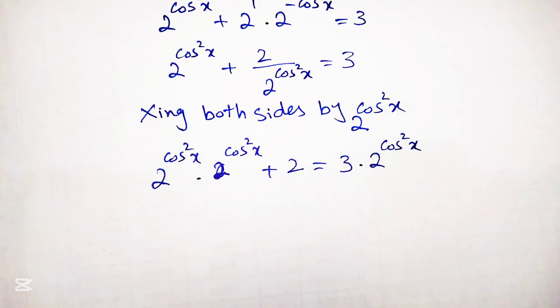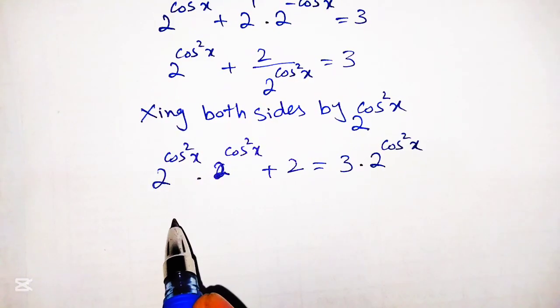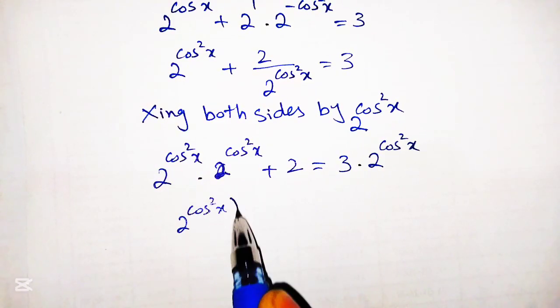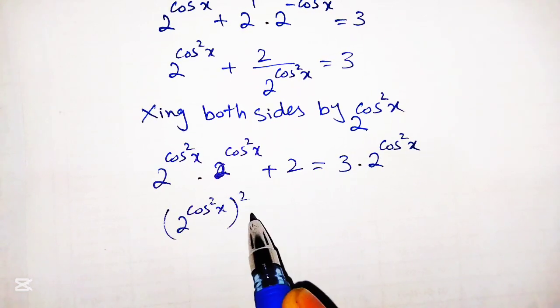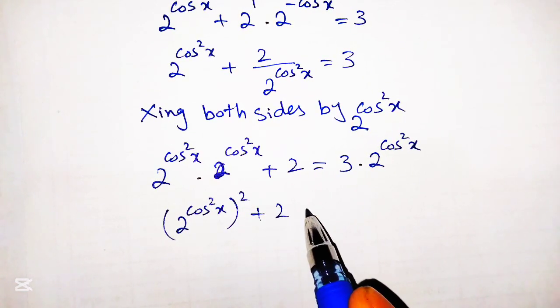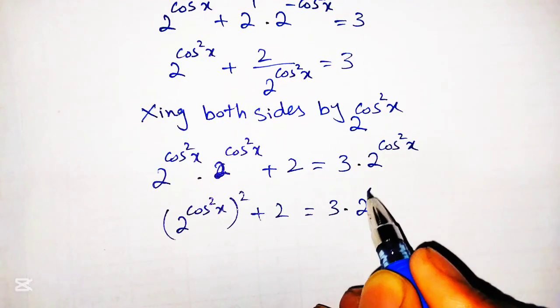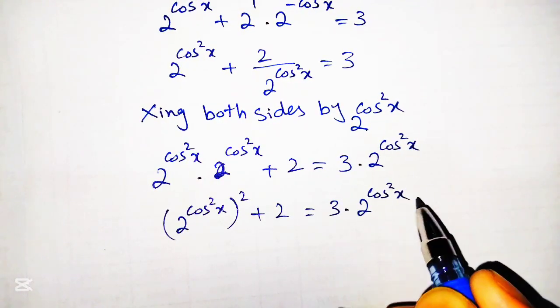Now we can rewrite it as 2 raised to power cosine square x whole square plus 2 is equal to 3 times 2 raised to power cosine square x.